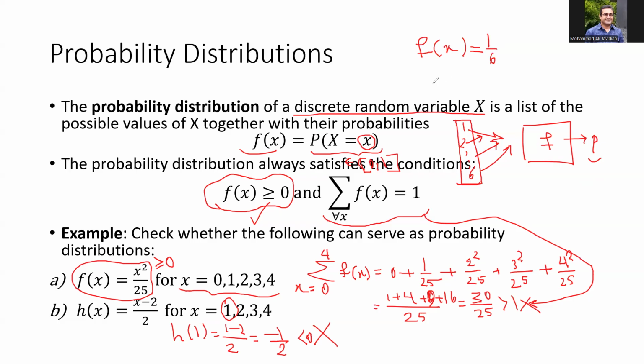Doesn't matter what x is. Yeah, x is 1 or 2 or 6. Any number between 1 and 6, if the die is balanced, the function returns 1/6. And if you remember, this type of function is called a constant function.